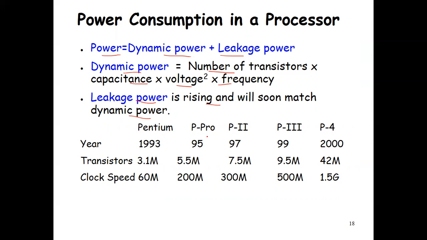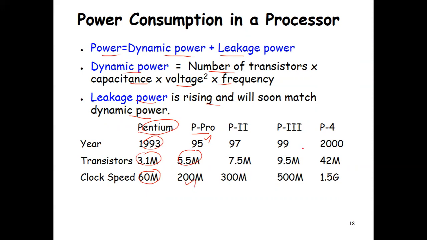If you see the various Pentium processors, the original first Pentium processor in the year 1993 used 3.1 million transistors, and its clock speed is 60 megahertz. Pentium Pro, introduced in 95, used 5.5 million transistors, and the clock speed is 200 megahertz, and so on.